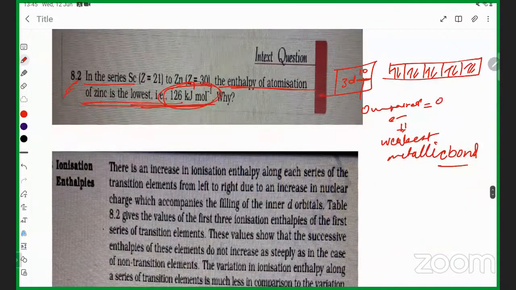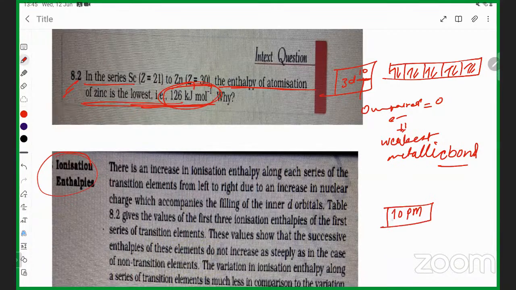Getting? Ionization enthalpy I will teach you in the evening time. Join at 10 p.m. Are you free at 10 p.m.? I am free, sir. Now you can take rest.